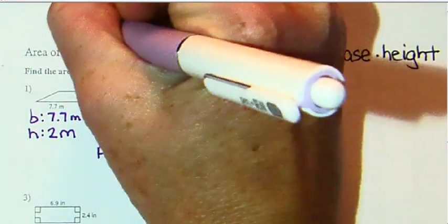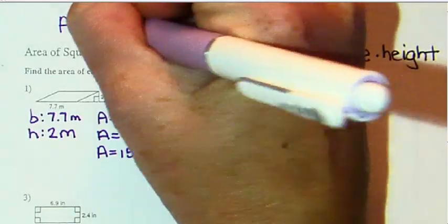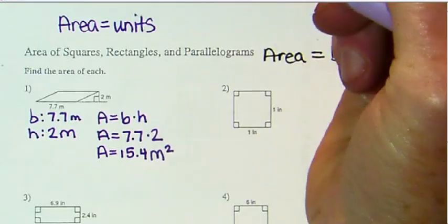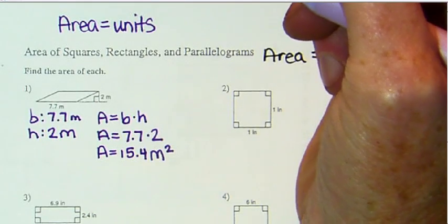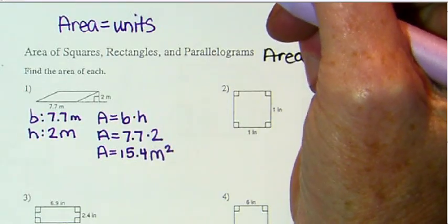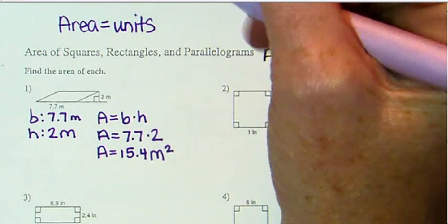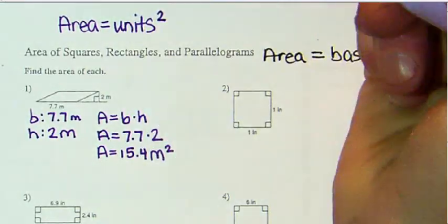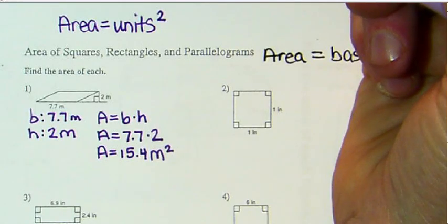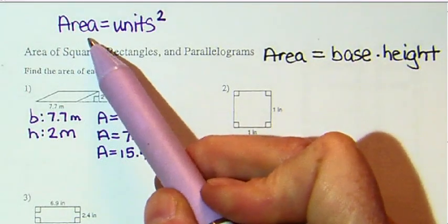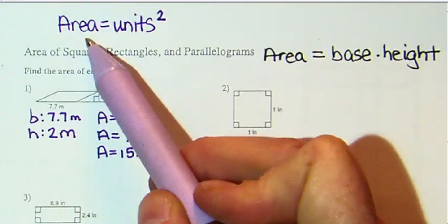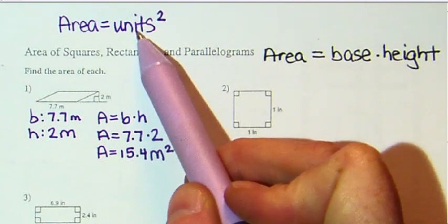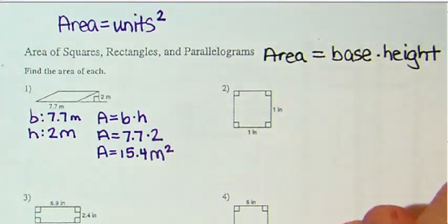Your area will always result in units, whatever they are, let's say feet, miles, meters, centimeters, millimeters. Whatever your unit is, it's always going to be units squared for your answer. Any area problem, if they're asking you for the area, will result in an answer that is units squared.